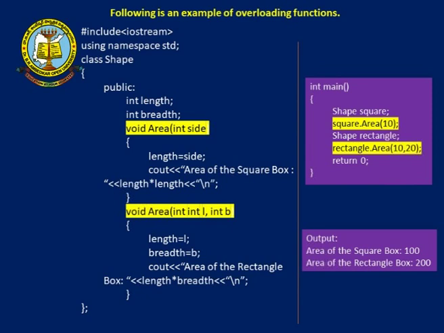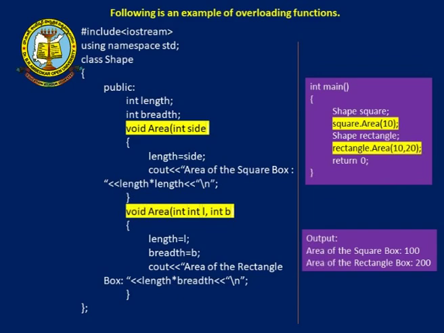So it will link this object with this particular area function which accepts two arguments only. That means it will link to the second version of the area, and it will automatically calculate the area of the rectangle by using these L and B values, length and breadth, and it will print the output: area of the rectangle box is 200, because the passed arguments are 10 and 20, and 10 into 20 is 200.